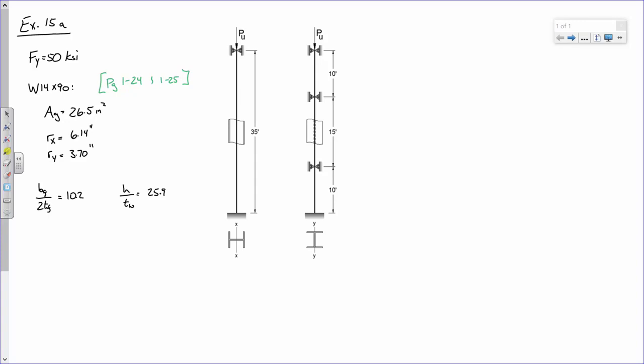Okay. Now, what we've got to do before we do any analysis is we have to determine whether or not local buckling is a consideration. So I'll do this over here on the right. We'll say consider local buckling.